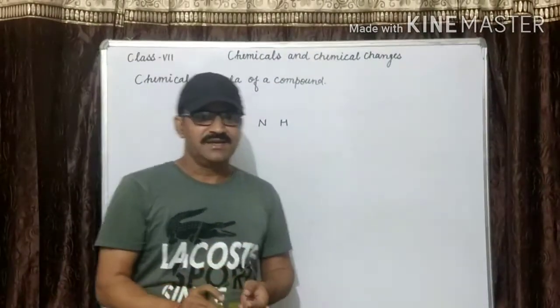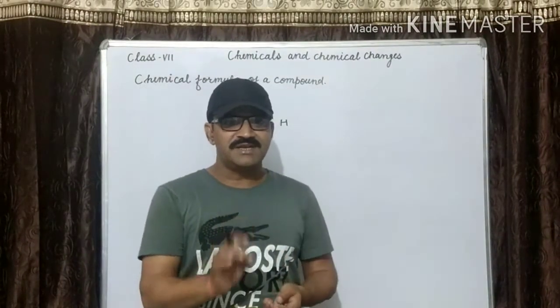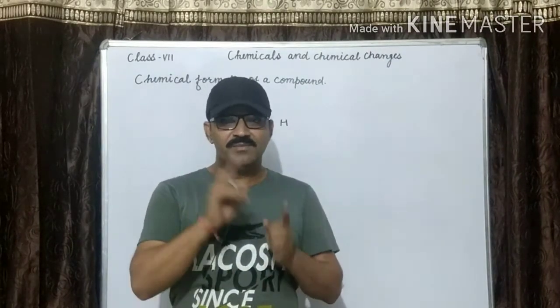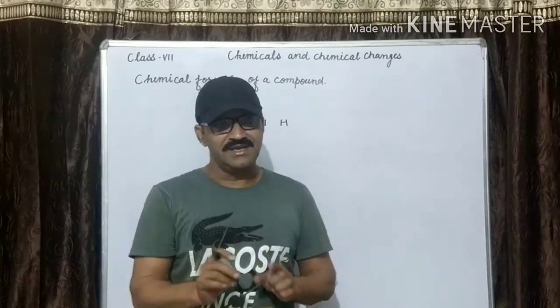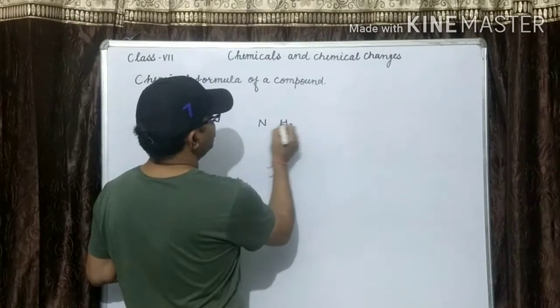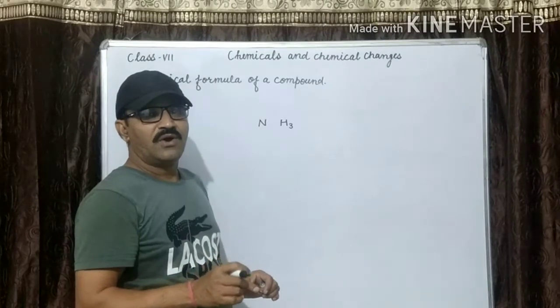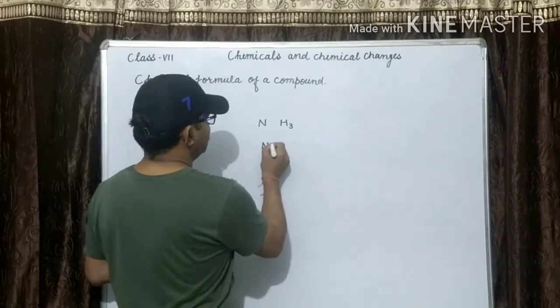Clear? Second, the number of nitrogen atoms present in one molecule of ammonia is 1. The number of atoms of hydrogen is 3. So we can write N1 H3, but there is no need to write the 1. So what is the formula of ammonia? NH3.